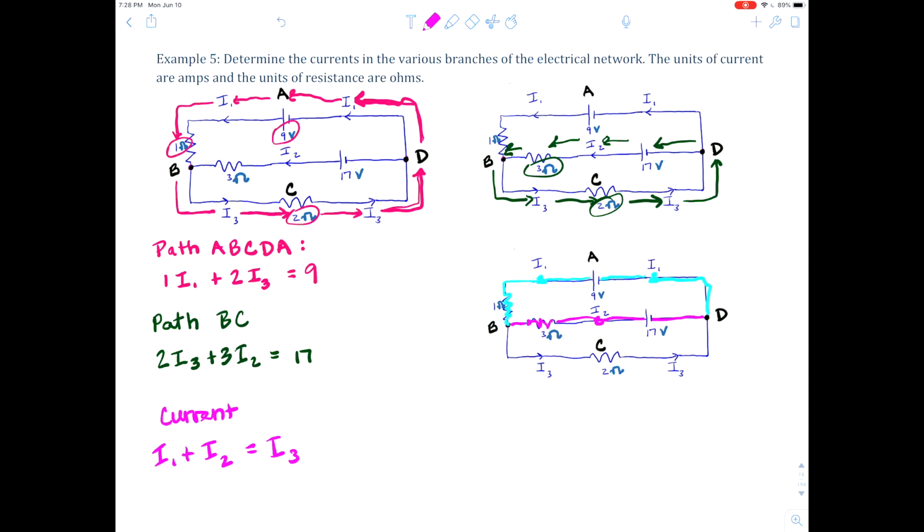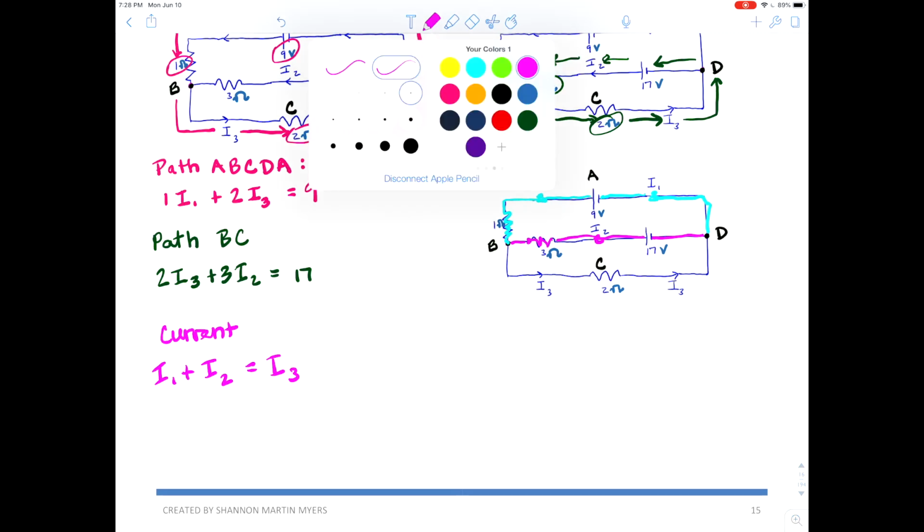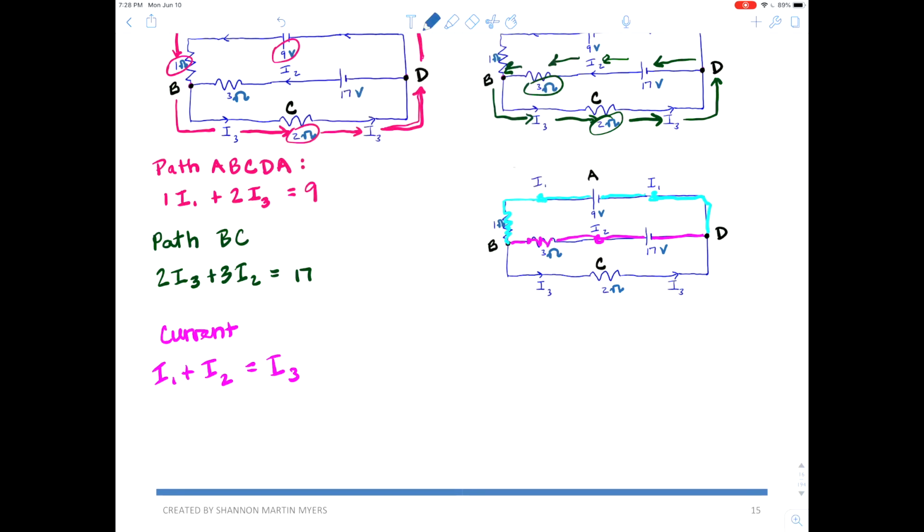So now we have 3 equations and 3 unknowns. Let's put this into a system and solve it. Our system is going to look like I1 plus 2I3 equals 9. Then I'll put these in order. We'll have 3I2 plus 2I3 equals 17.